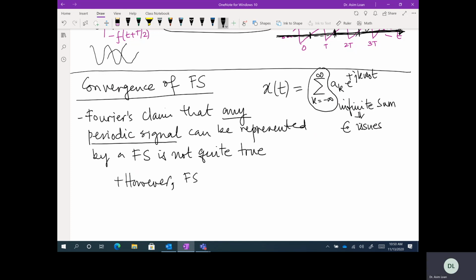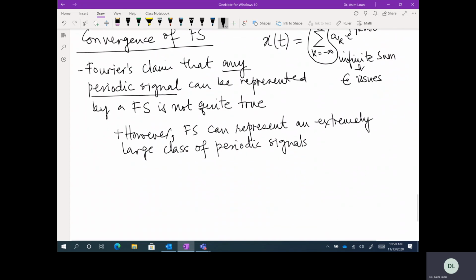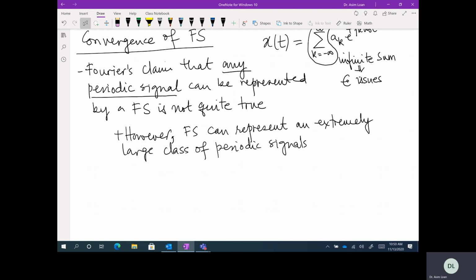Fourier series can represent an extremely large class of periodic signals, and there are very few that it cannot.